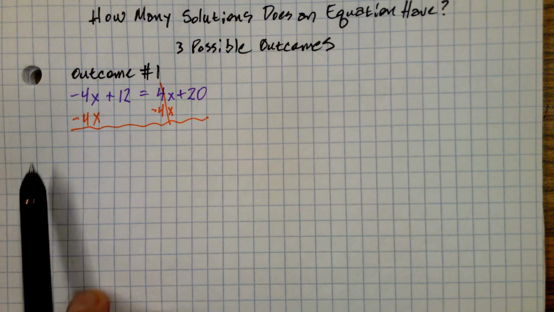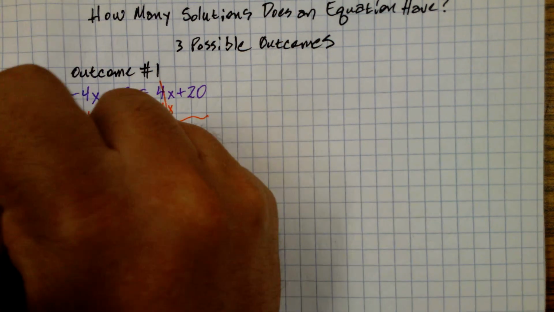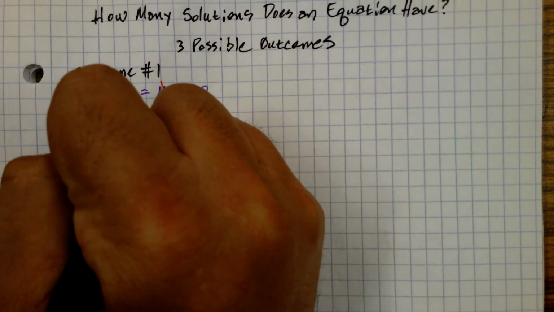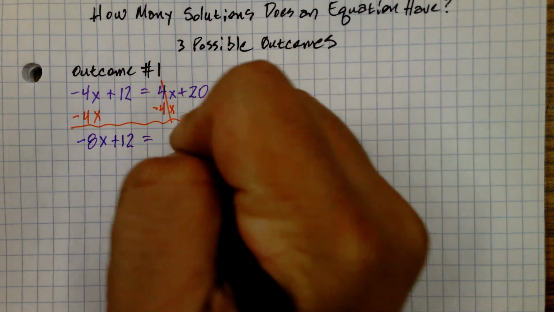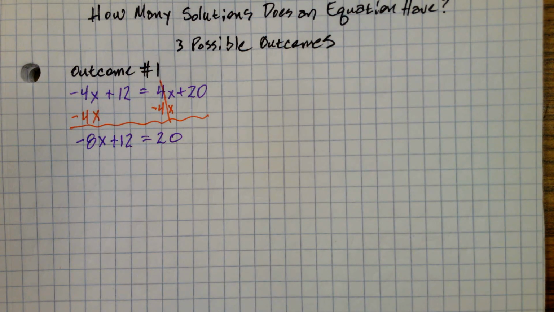All right. And now we have negative 8x plus 12 equals 20.